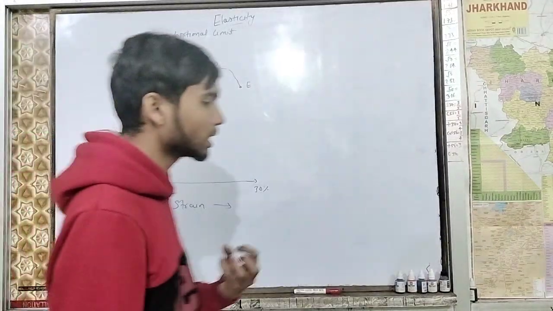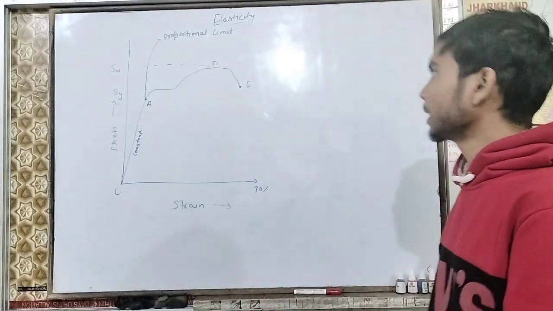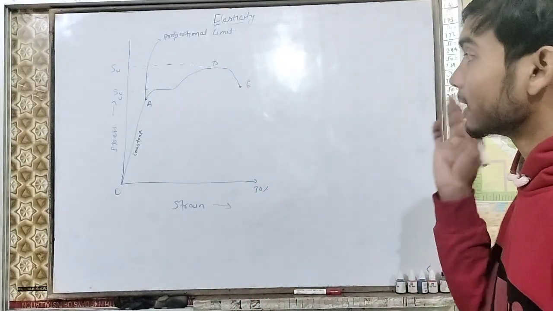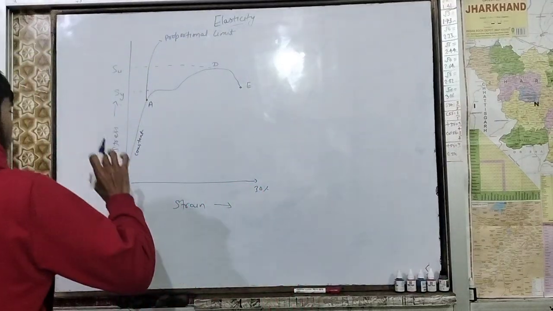Constant gives us direct proportionality. So till A is our proportional limit, from 0 to A giving a constant.